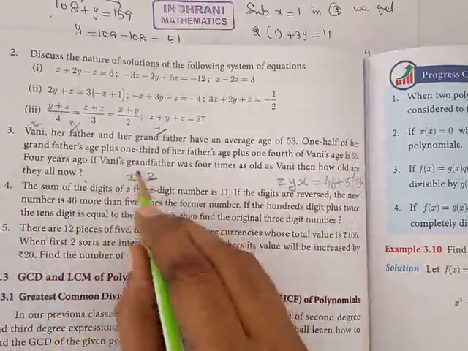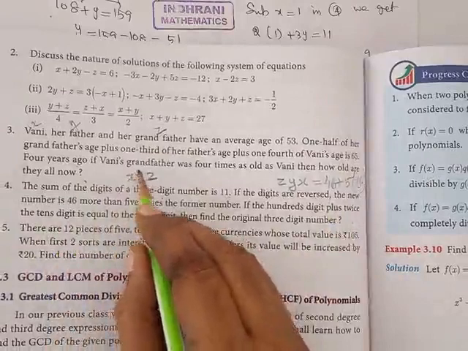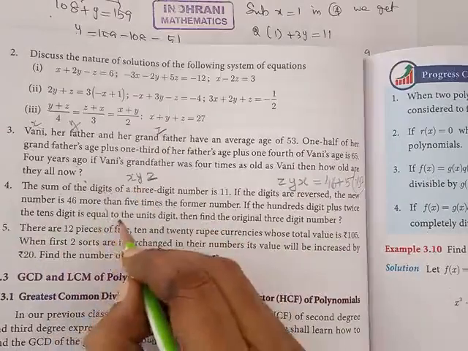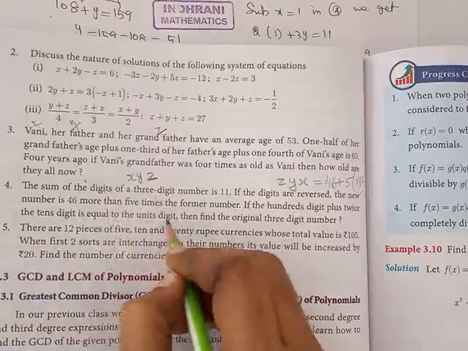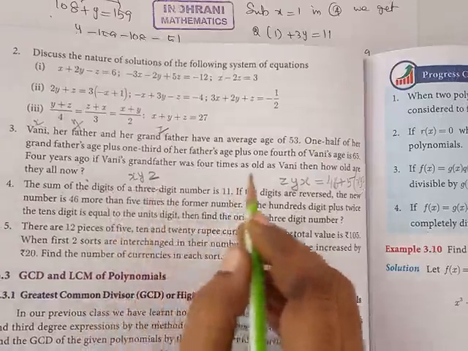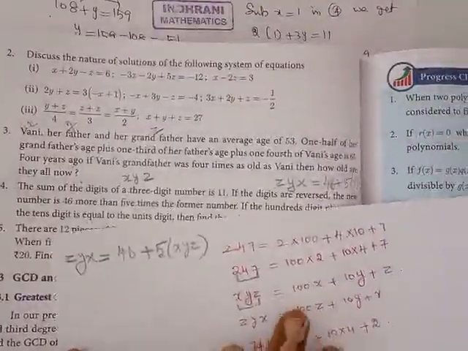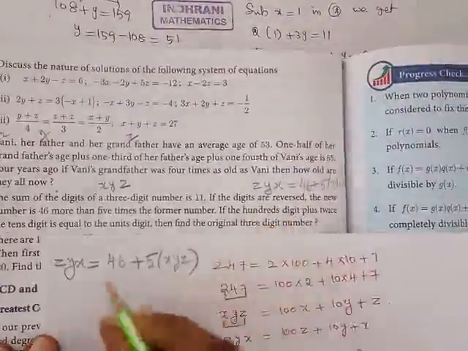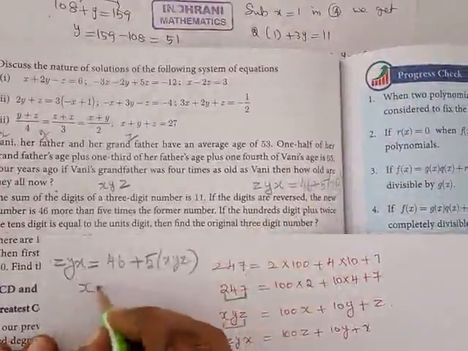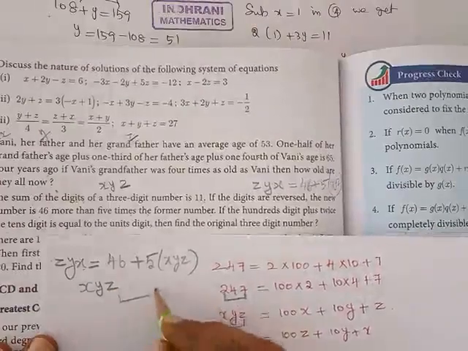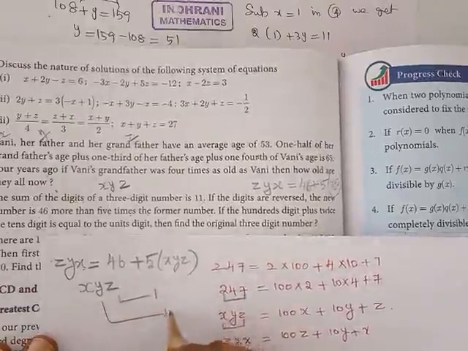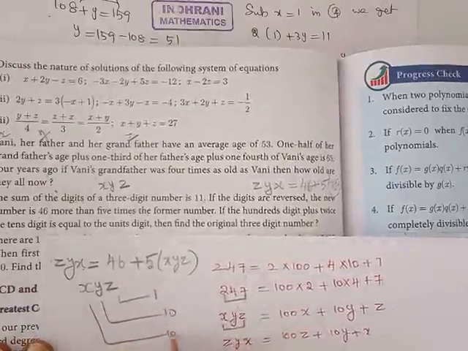The 10th digit is Y, twice means 2Y, is equal to the unit digit. Unit digit is nothing but Z. So once again, XYZ is your number. So this is unit, this is 10th place, this is 100th place.